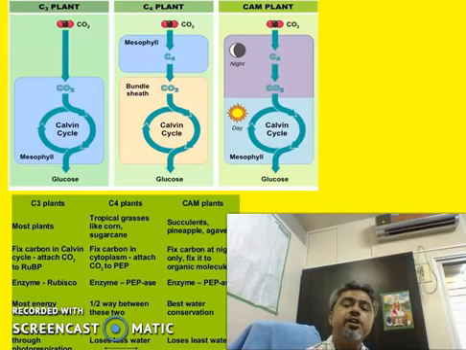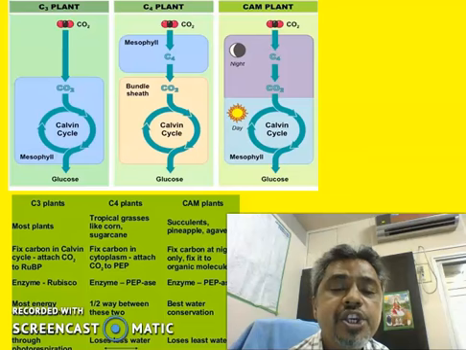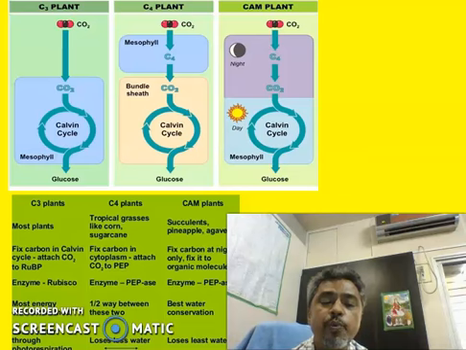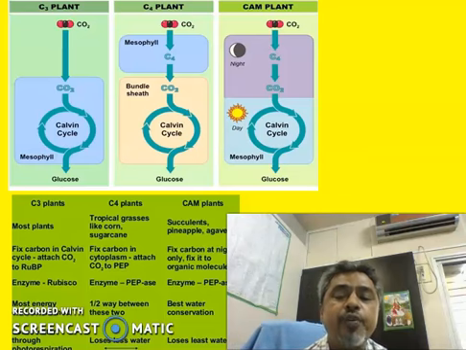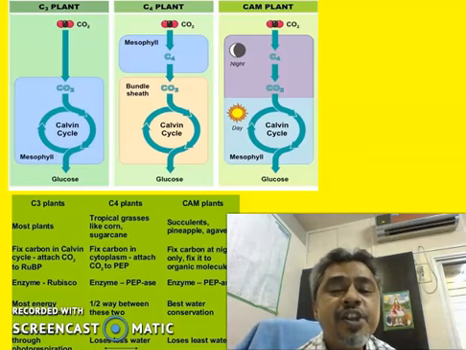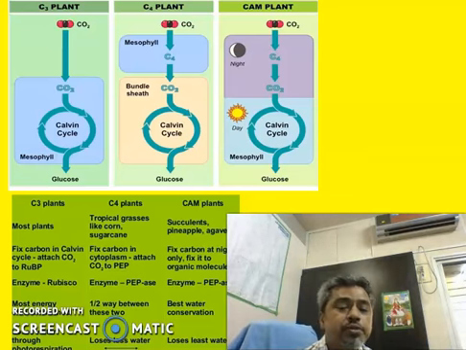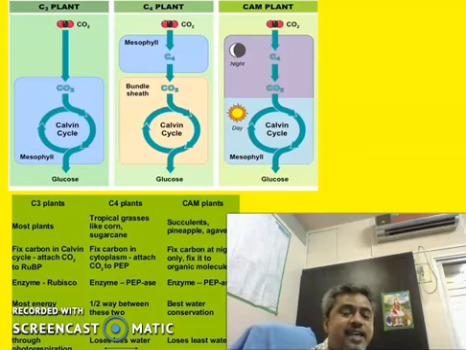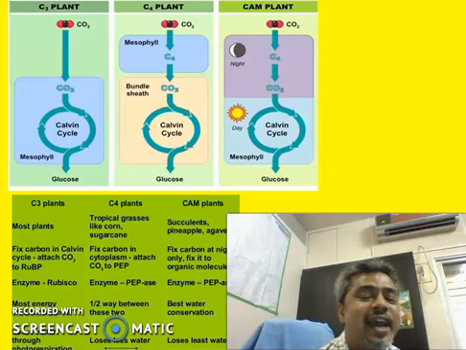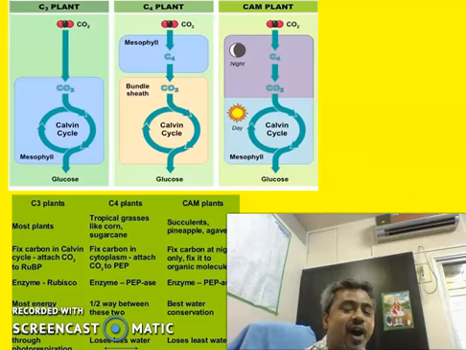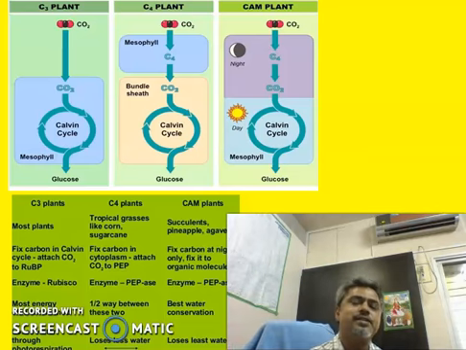Now we will see the above three figures that indicate how C4 enters with the CO2. Here the requirement for C3 plant is the mesophyll cell. C4 plant requires two cells, that is mesophyll and bundle sheath cell, whereas in CAM, night and day processes both differ but require mesophyll cells.